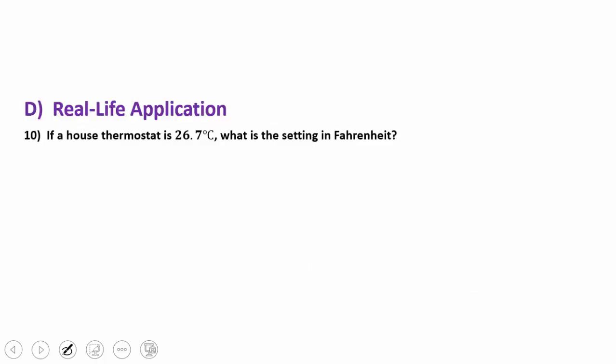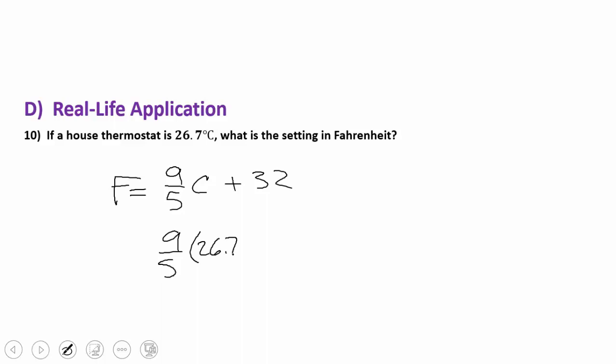All right. One more time, another real life application. If a house thermostat is set at 26.7 degrees Celsius, what is the setting in Fahrenheit? So basically doing the same darn thing, ladies and gentlemen. Taking 9/5 times our Celsius and adding 32, we would have 9/5 times 26.7, and then we would add 32 degrees to that.